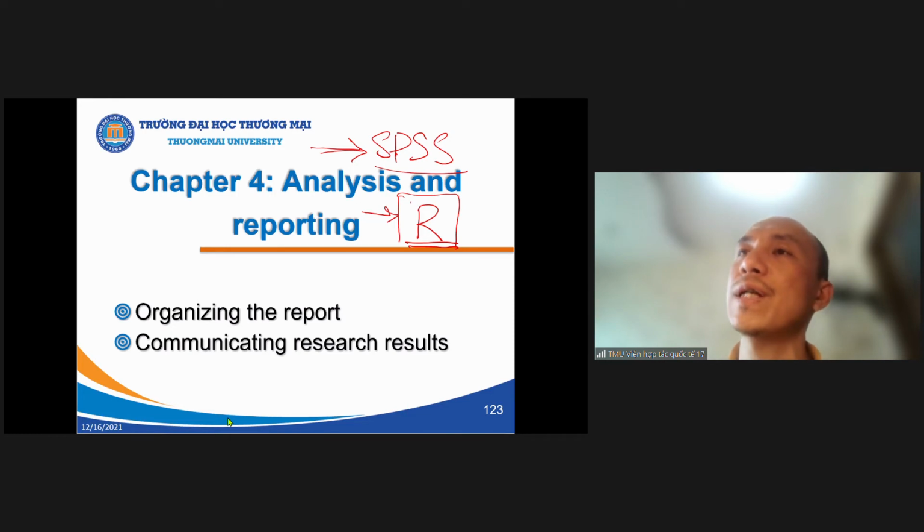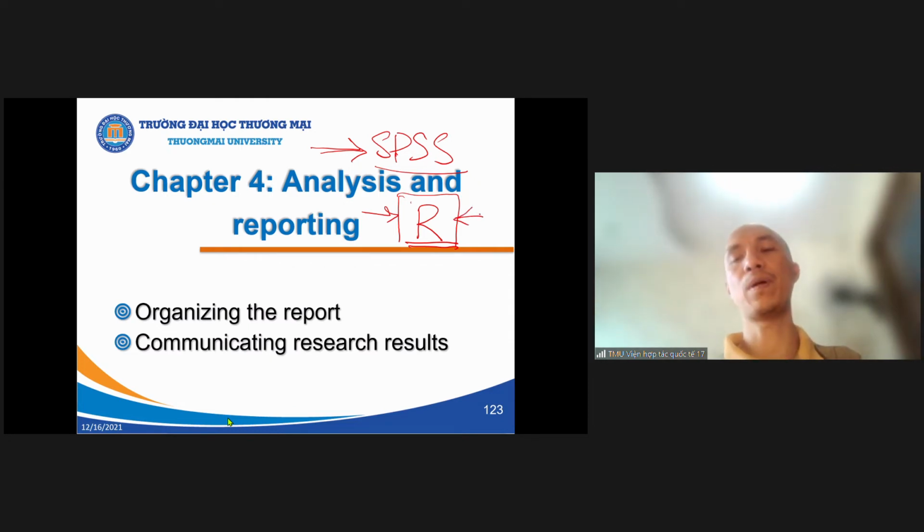Then you choose some commands, put them in the software, and it helps you to analyze the data. But this one is free. Now a lot of students and researchers in Vietnam prefer this one because it's free. Especially now, if we use something illegal, maybe some company can take it into account. So it's not suitable. It's not good.